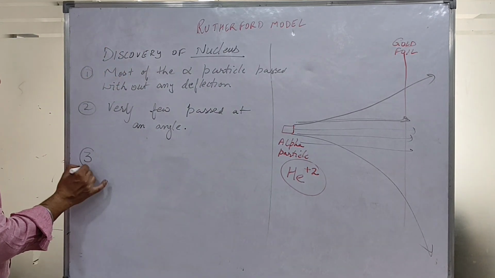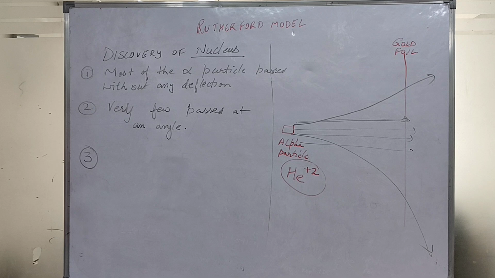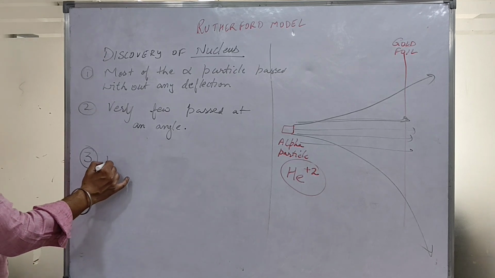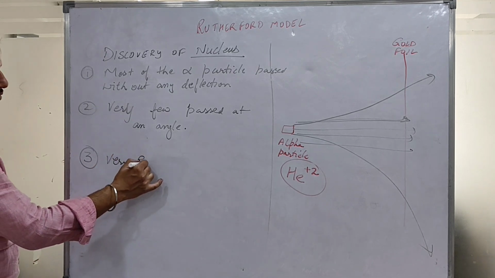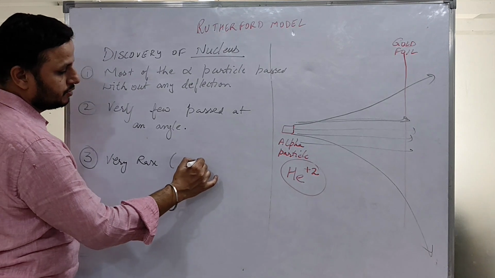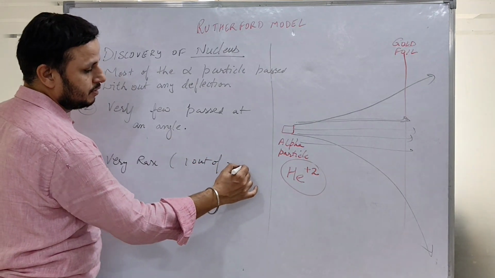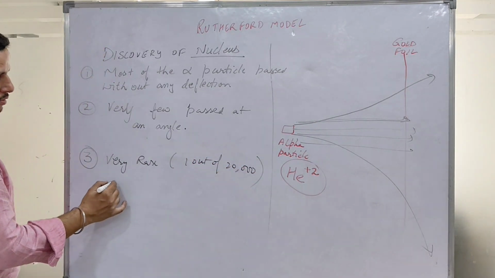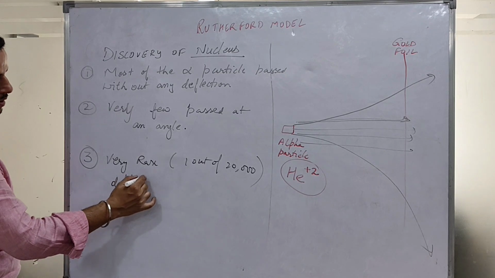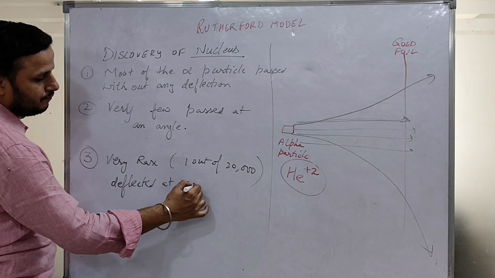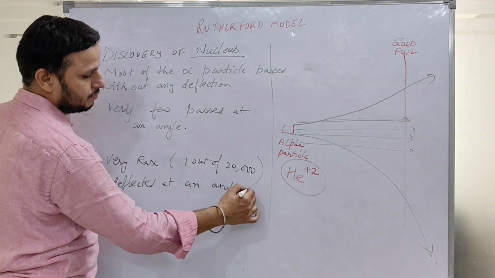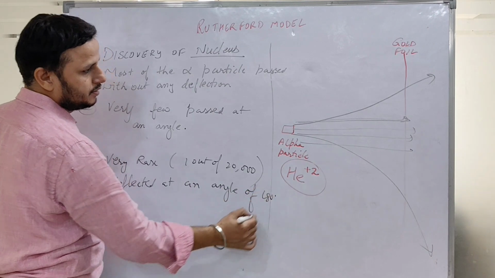And the third, very rare, 1 out of 20,000 rays deflected at an angle of 180 degrees.